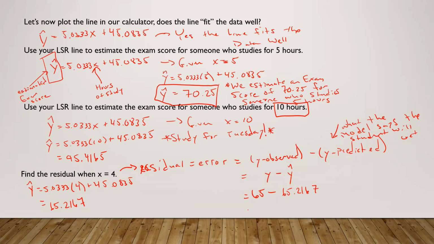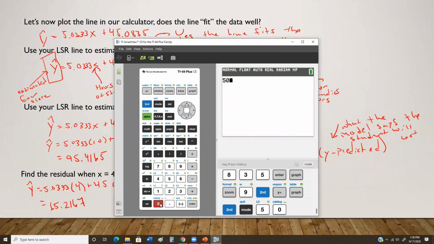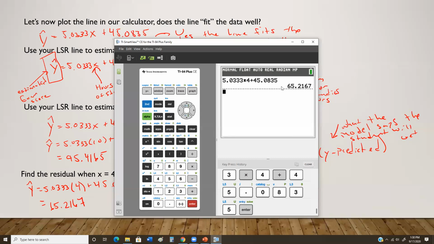Professor, did you multiply 5.0333 times 4? Yes, in your calculator, you just go 5.0333 times 4 plus 45.0835. That's how you got that.